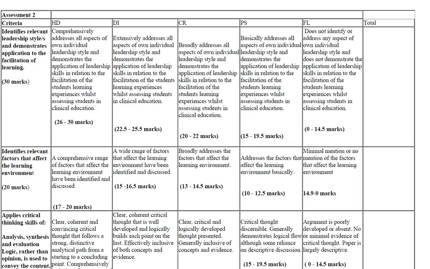So the next criteria is identifies relevant factors that affect the learning environment. So have a think about this, because you've really got to sit and think about the learning environment that you're in.